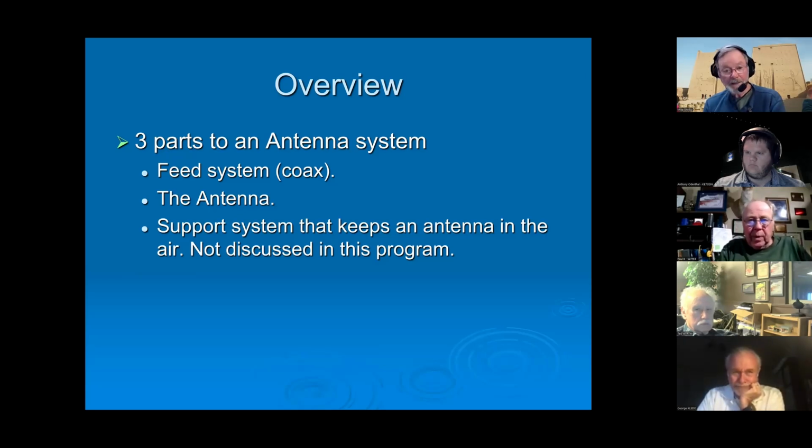You have your antenna itself that's somewhere up in the air, and then you have a support system that keeps that antenna up in the air so it can operate. I'm not going to talk about the support system this time, because that's a whole other session where I can spend a lot of time and discuss it.